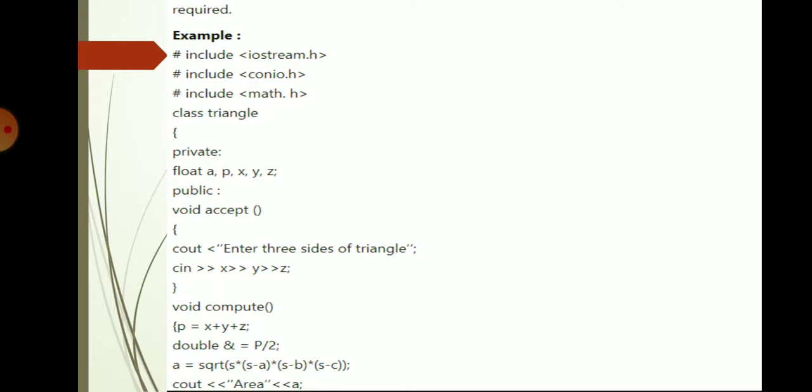Public: void accept(), open curly bracket. cout << enter 3 sides of a triangle; cin >> x >> y >> z; close curly bracket. Then void compute(): p = x + y + z; then double s = p / 2; a = sqrt(s * (s - x) * (s - y) * (s - z)); then cout << area = a.